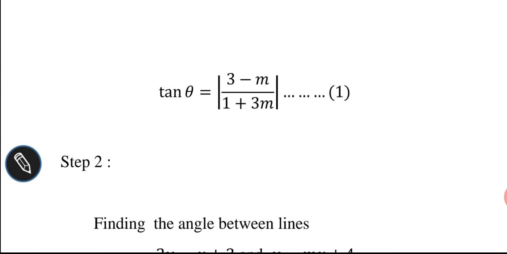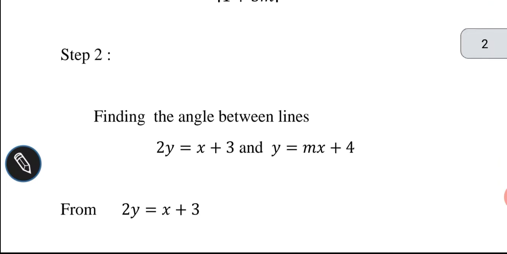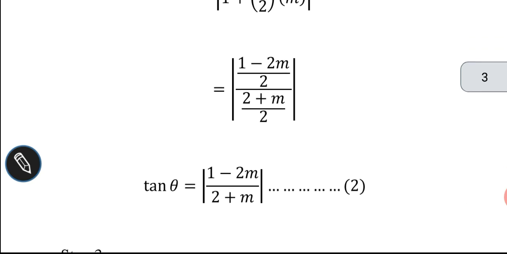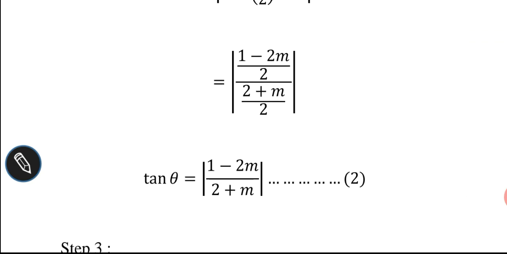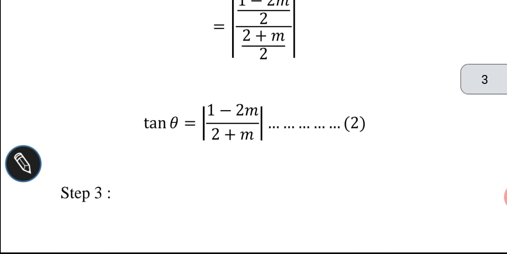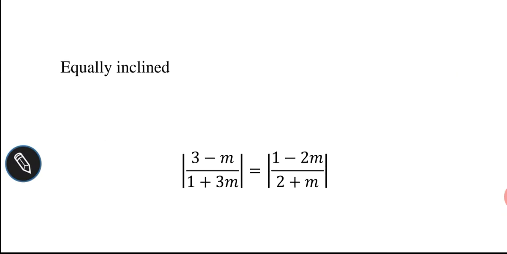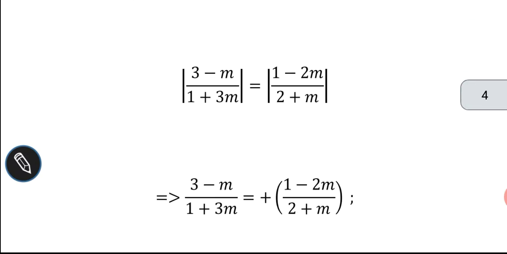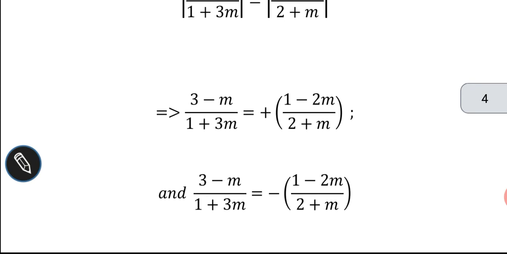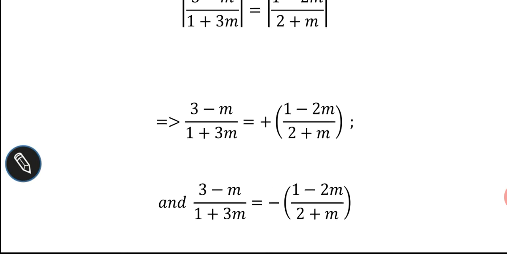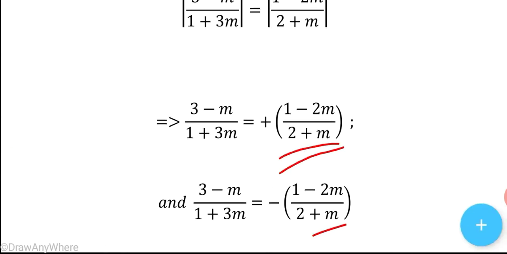Equation 1 is tan theta is equal to 3 minus m divided by 1 plus 3m, and equation 2 is tan theta is equal to 1 minus 2m divided by 2 plus m. Now equating, we will get modulus of 3 minus m divided by 1 plus 3m equal to 1 minus 2m divided by 2 plus m. After removing the modulus, we can write one with the plus term and another one with the minus term.